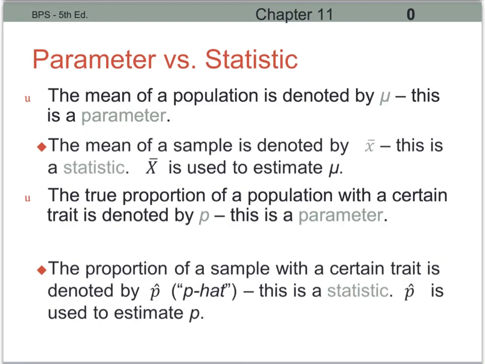The real proportion of a population with a certain trait we call p, and that's a parameter. And the proportion of a sample with a certain trait we call p hat, and that's a statistic. And we use p hat to estimate p. One little way to remember parameter and statistic is parameter deals with the population, they both start with P. Statistic deals with the sample, and they both start with S.